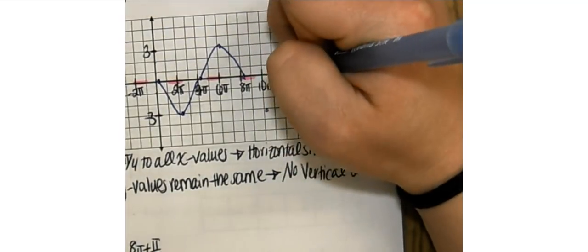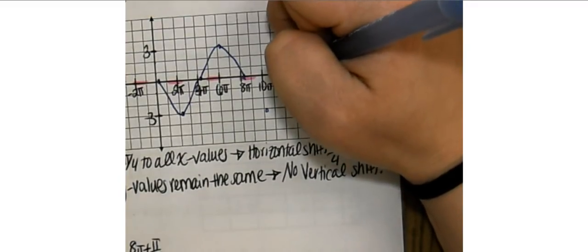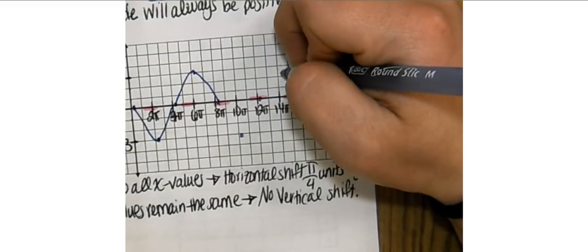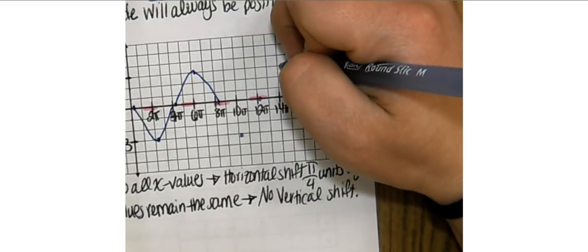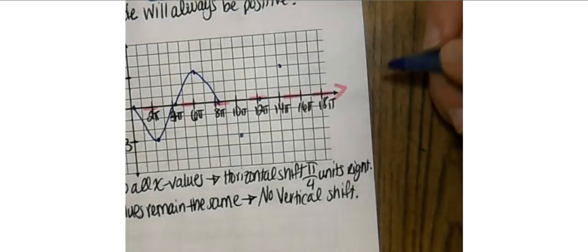So now I'm going to go just a little bit in front of 10 pi and go down to where -3 is. And then I'm going to go to 12 pi and go back to 0, just a little bit in front of 12 pi. And then at 14 pi, I'm going to go up to 3 and make my point just a little bit in front of that line.